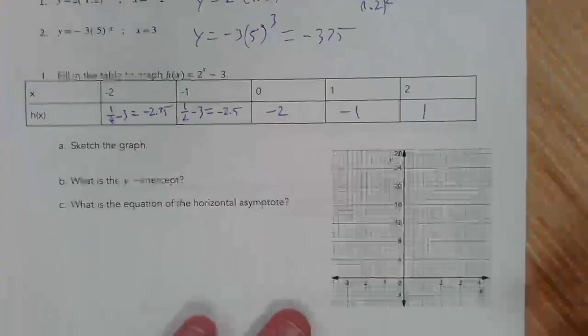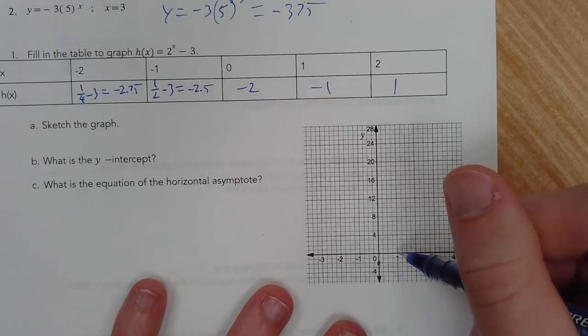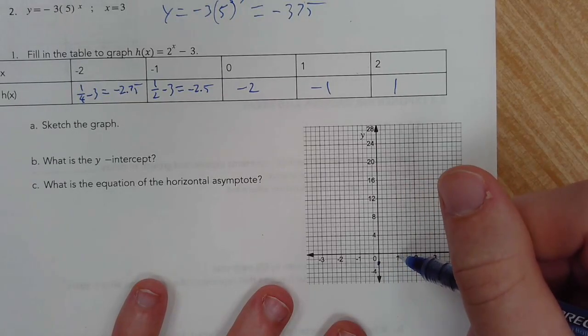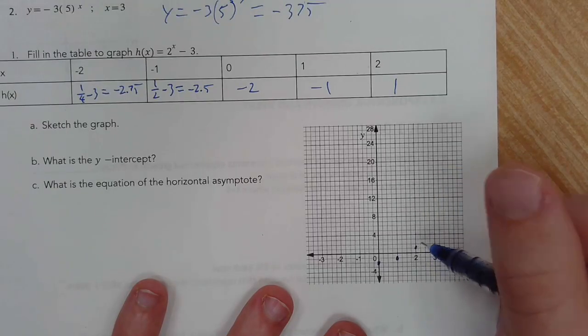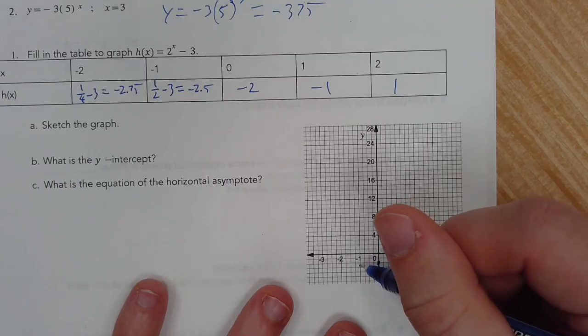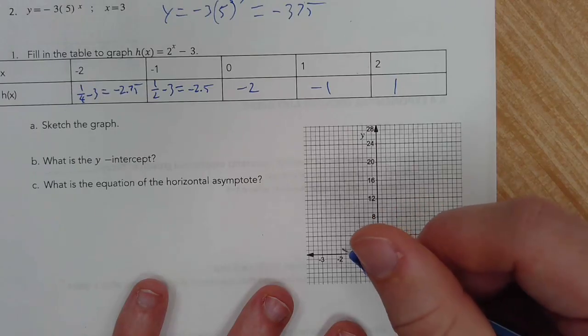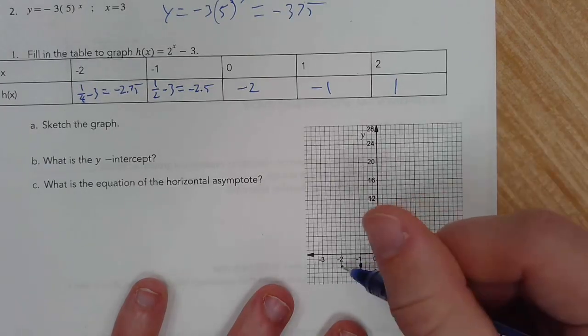So we can plot these over here. 0, negative 2; 1, negative 1; 2, 1; negative 1, negative 2.5; negative 2, negative 2.75. So we have this kind of curve.